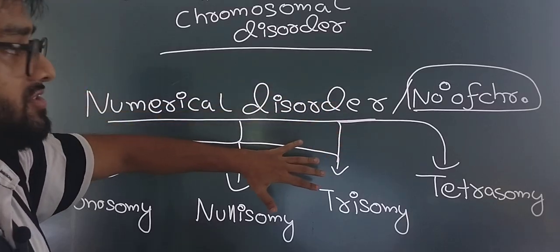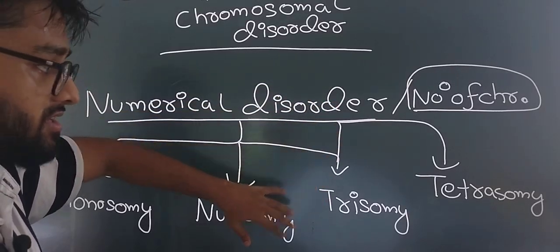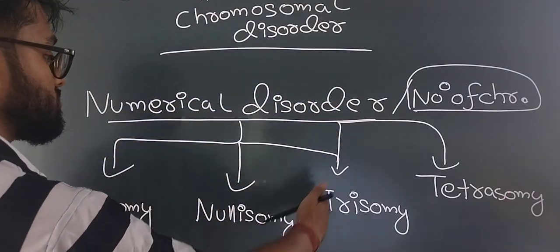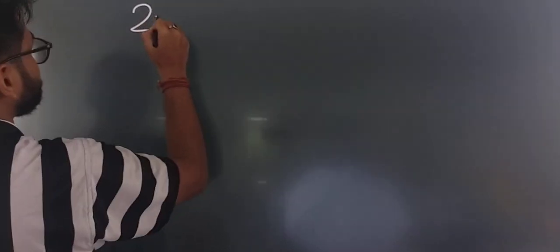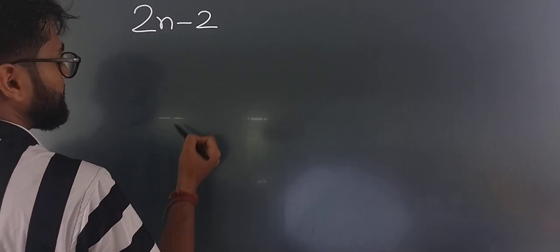But in numerical chromosomal disorders, you will get monosomy, nullisomy, trisomy and tetrasomy. Now, what is all this? First let us discuss nullisomy. Nullisomy simply means that, or I can show it to you like this.